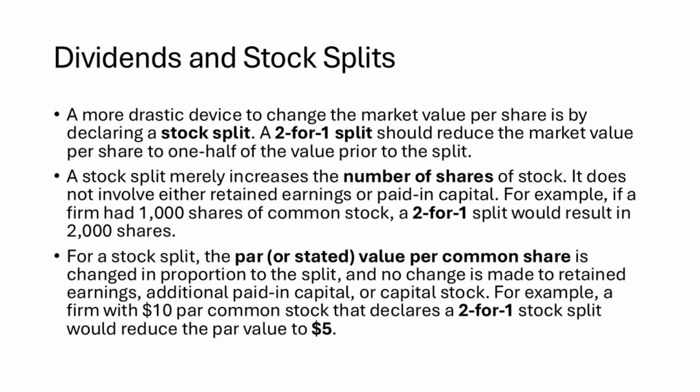For example, a firm with $10 par common stock that declared a 2-for-1 stock split would reduce the par value to $5.